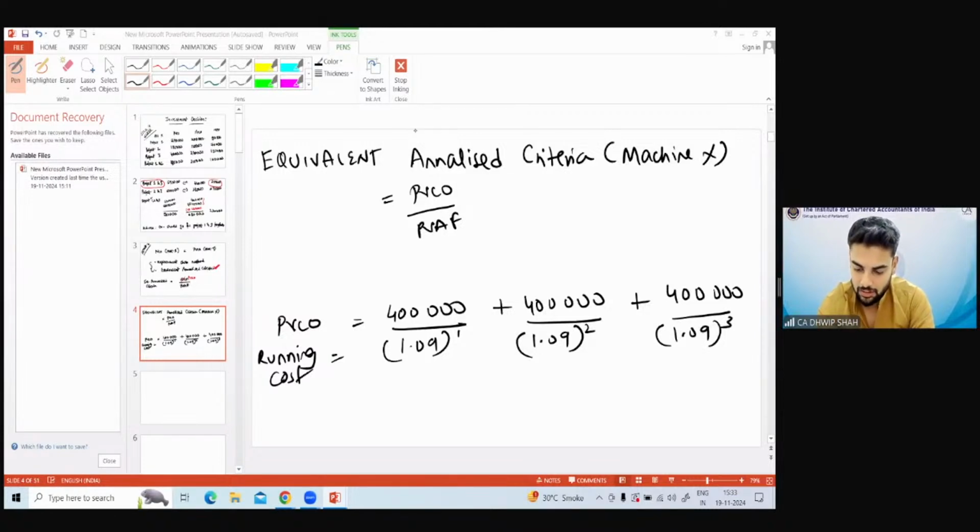All the overheads, you have to include all the overheads over here. What is the present value of running cost? It is simple discounting that you have to do. Friends, please calculate the present value of running cost.